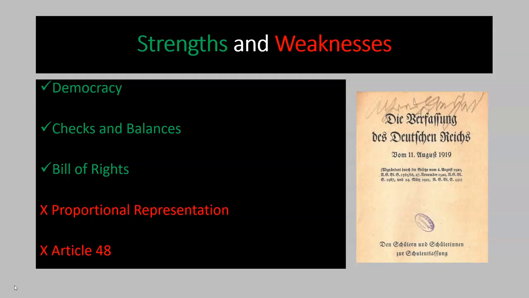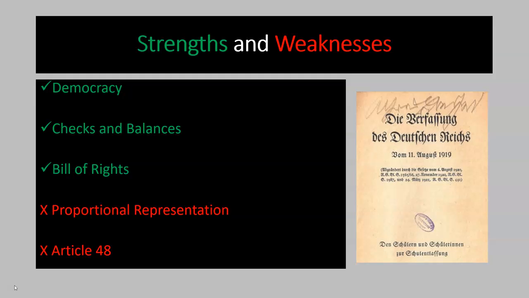Ironically, it was actually very fair and democratic. But in reality, it didn't work very well in Germany at the time. Proportional representation meant that if a political party gained 20% of the vote, they would get 20% of the seats in the Reichstag.